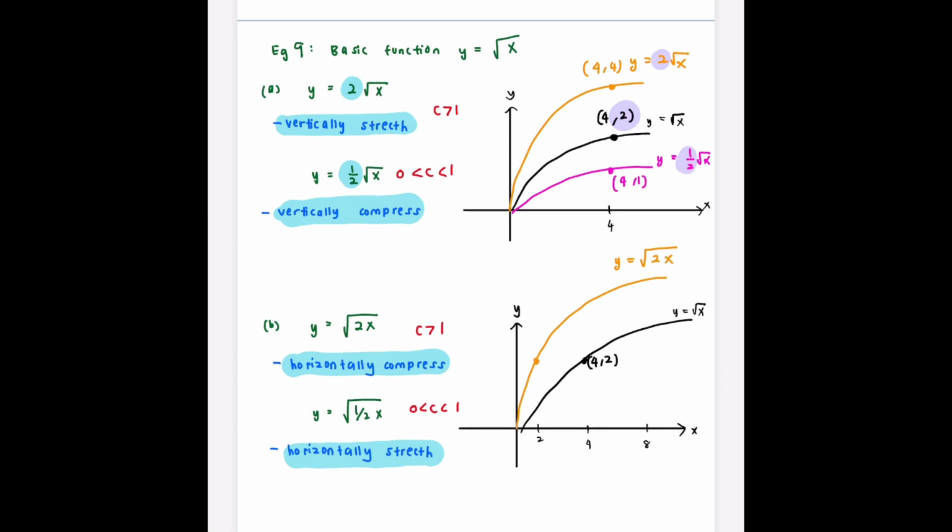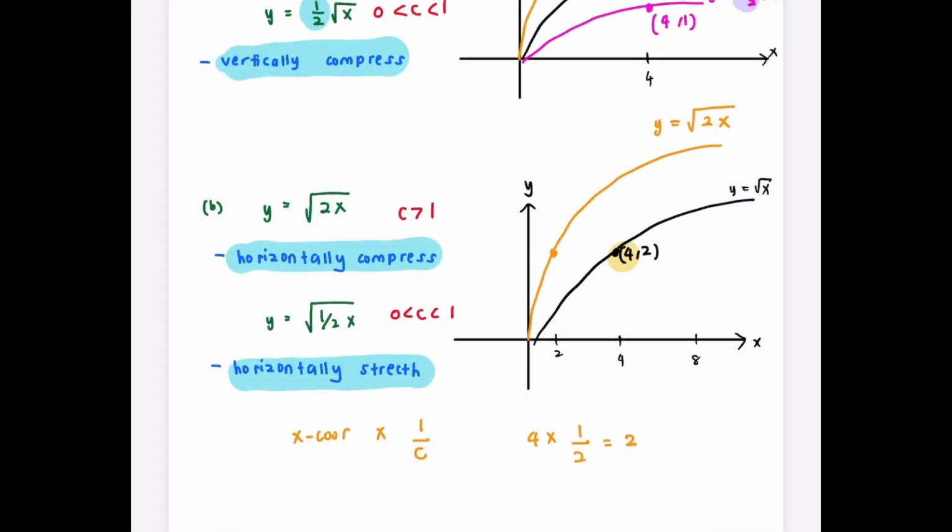Remember the method is multiply the x coordinate with 1 over C. So your x coordinate here is 4. 4 times 1 over your C, which is 2. So the new point here will be 2, 2.